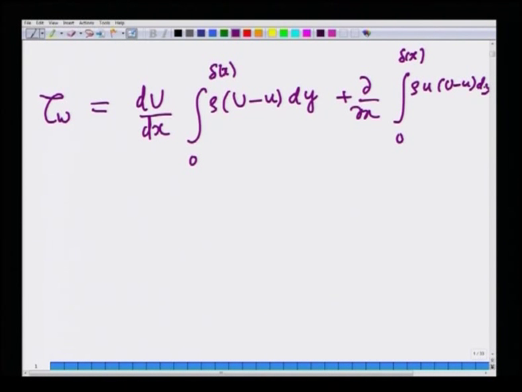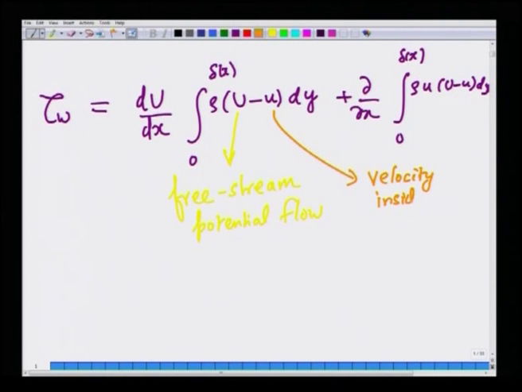Now, just to again familiarize you with the notation, capital U is the free stream potential flow velocity outside the boundary layer, and small u is the velocity profile inside the boundary layer.